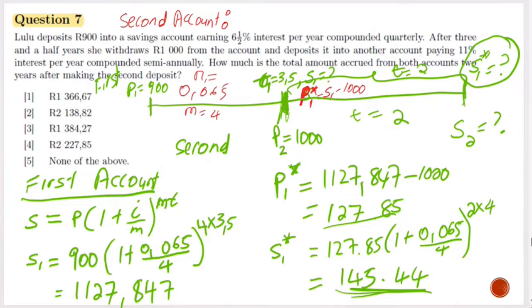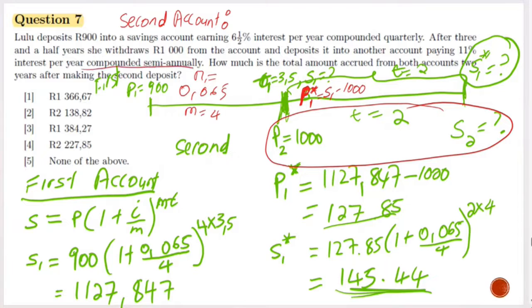This lady takes 1,000, maybe goes to Capitec, opens another account and deposits 1,000 on different conditions. That is the information here. It is still compounding interest, because I am told it is compounding semi-annually. So here, this is my M1.